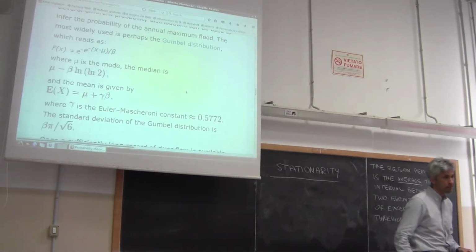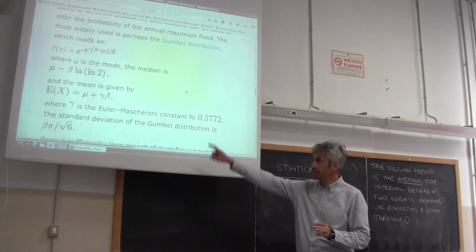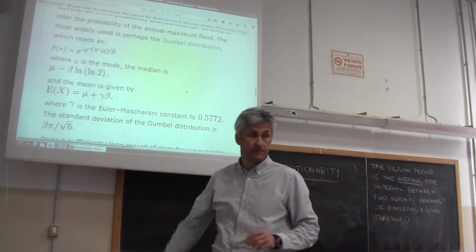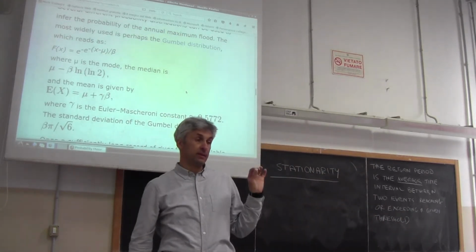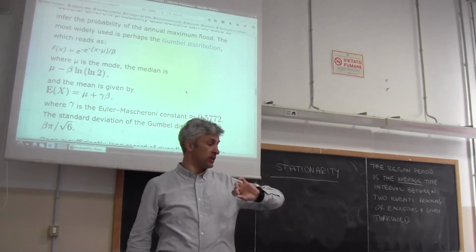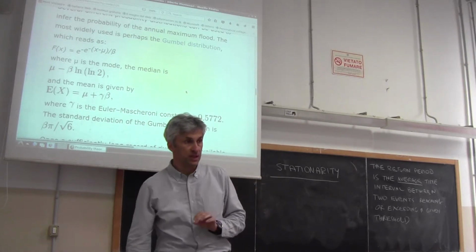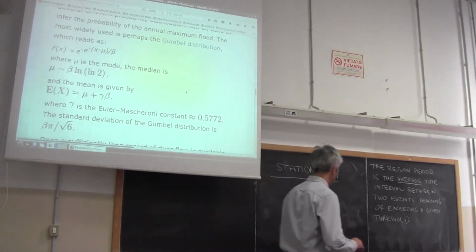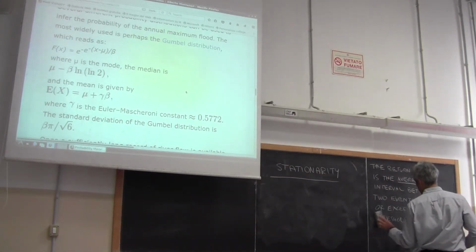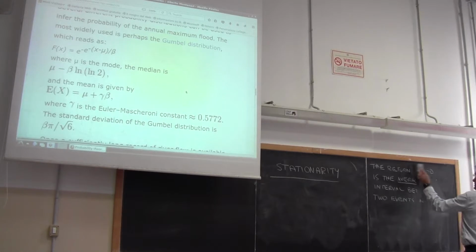Now, let's define a probability distribution to describe the extremes. There are several distributions called extreme value distributions that you may use. The most used one, because it's very simple indeed, is the Gumbel distribution.